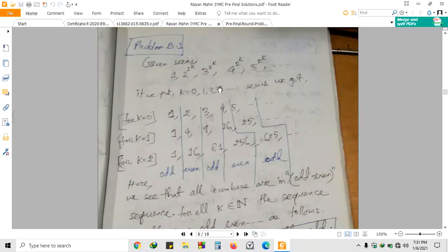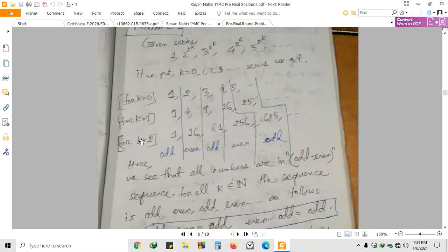For k equals 2 we get 1, 16, 81, 256, 625 and so on. So the main observation here was that whatever the value of k, it doesn't matter, we always get a sequence like odd, even and odd.